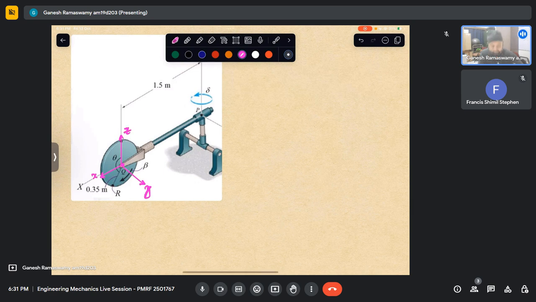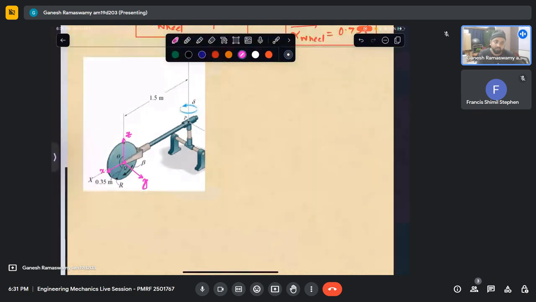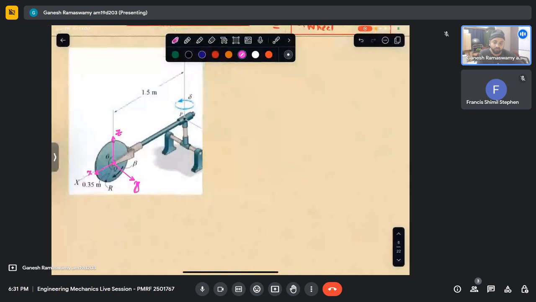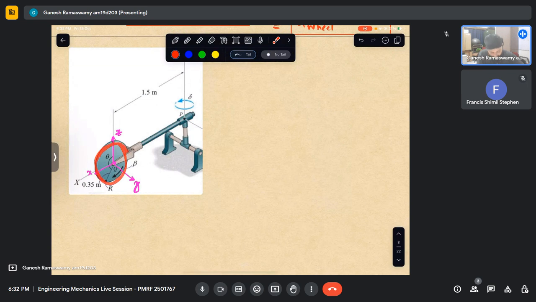So with this coordinate, if I were to attach this rotating frame of reference to point Q and then observe, that is essentially what I'm doing here, I'm rotating with this shaft. So once I rotate with the shaft, what is it that I observe? I observe this disk to be rotating with beta.